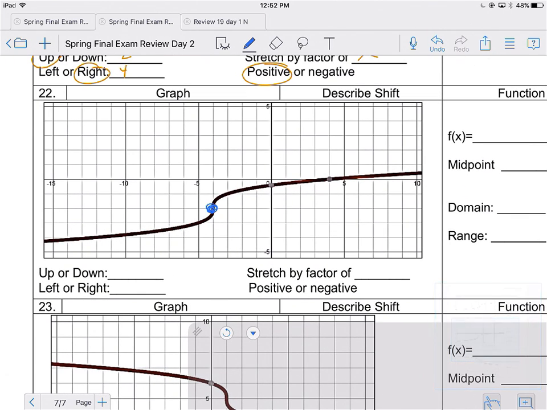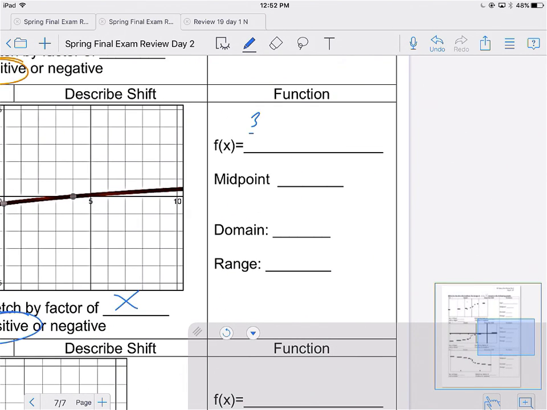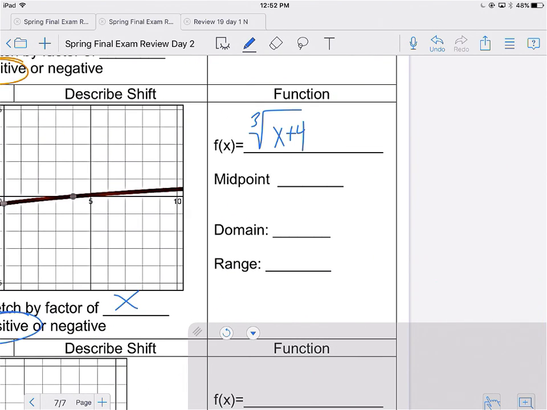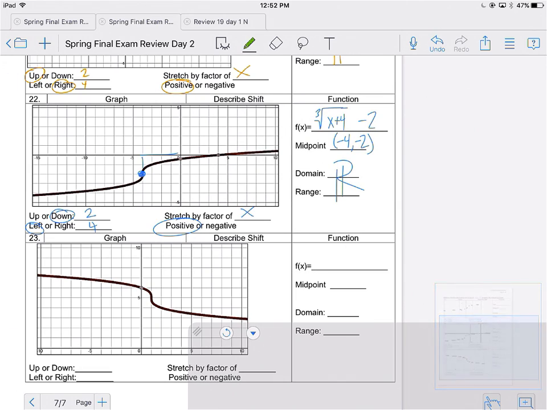Problem 22, my midpoint has shifted left 4 and down 2. We're not worried about this. This is still positive. So to go left, we add 4 under the cube root, and down we subtract afterwards. Domain and range are still all reals.